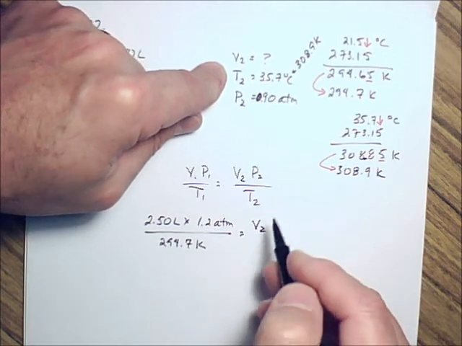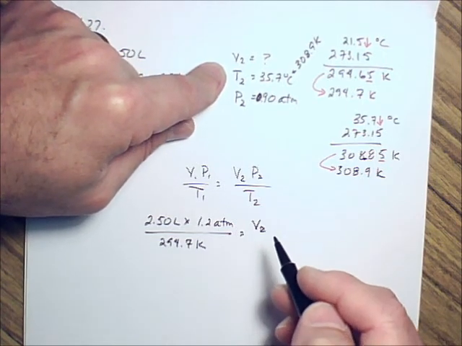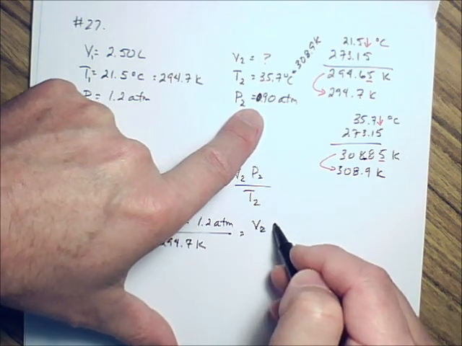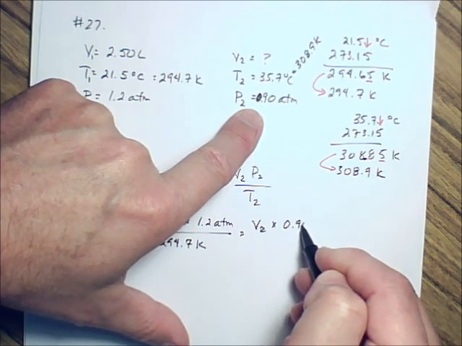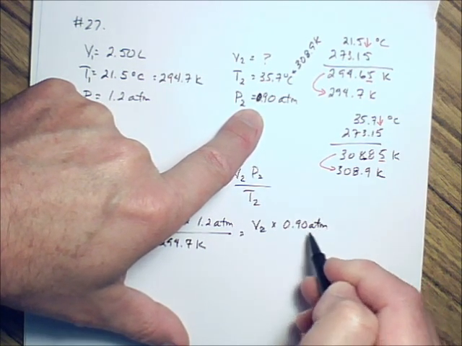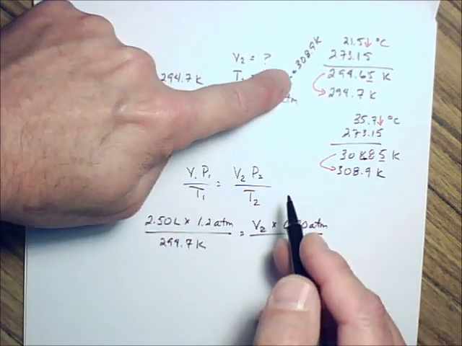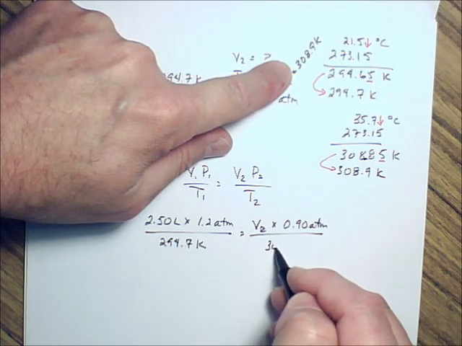We're only plugging in the known values that we have. We do have a known value for the pressure, this time 0.90 atmospheres. And we do have a known value for the temperature here, that's 308.9 K.